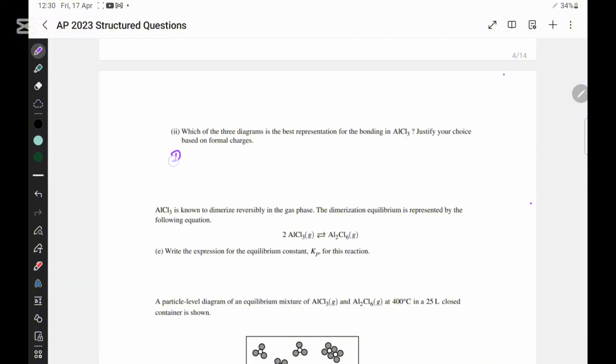So what we can write here, what is the reason for diagram 1?